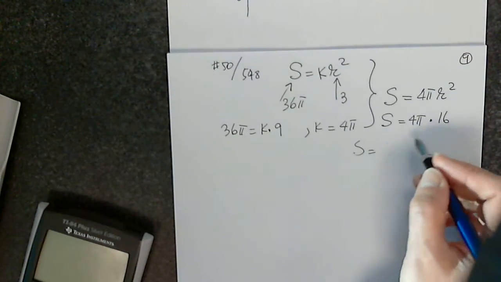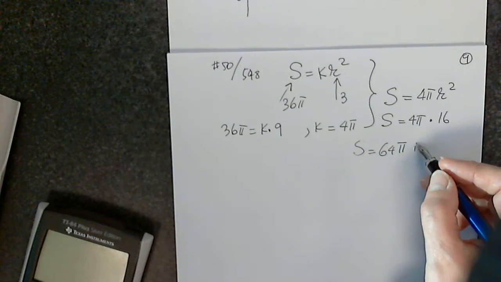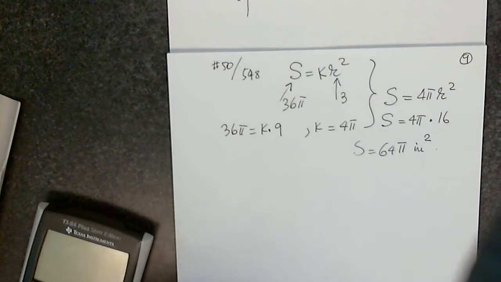So the surface area is, when I multiply, 64 pi square inches. Measurement unit. Good.